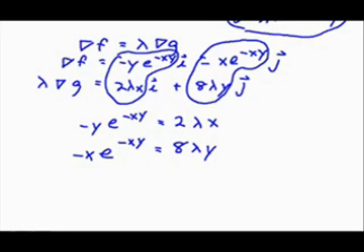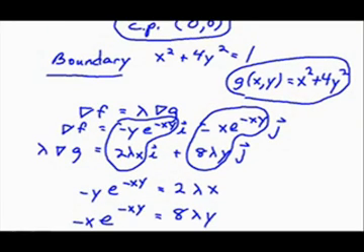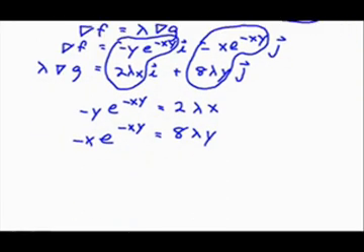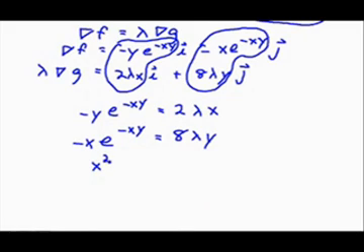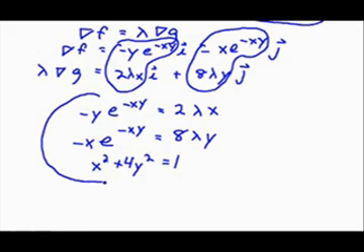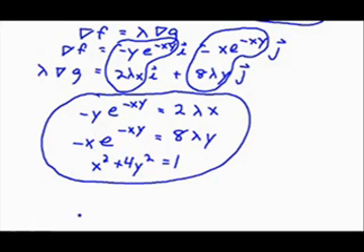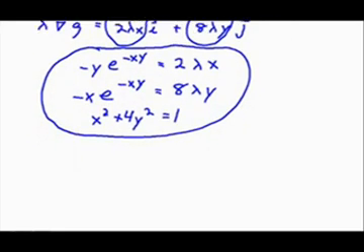And then the constraint curve I'm going to write down again is x² + 4y² = 1. The idea is to solve this system of equations to get our critical points on the boundary given by that ellipse. We've got equation 1, equation 2, and equation 3.